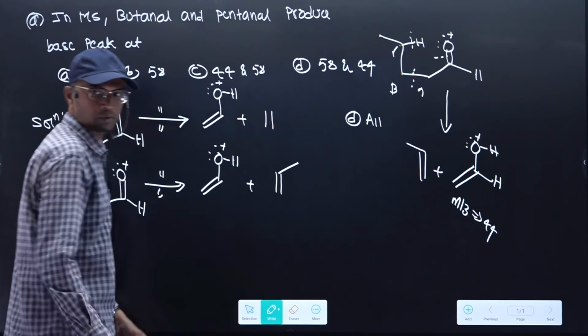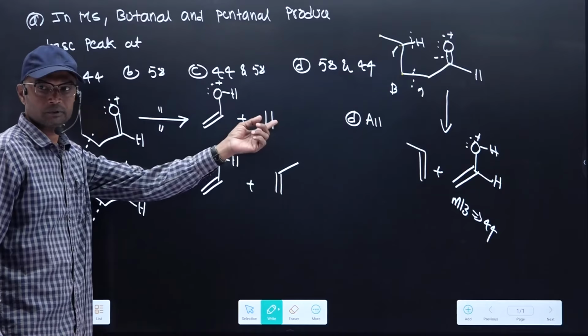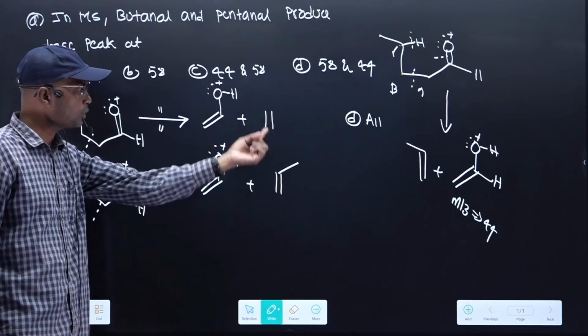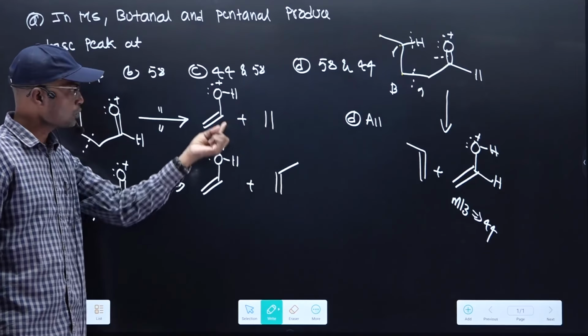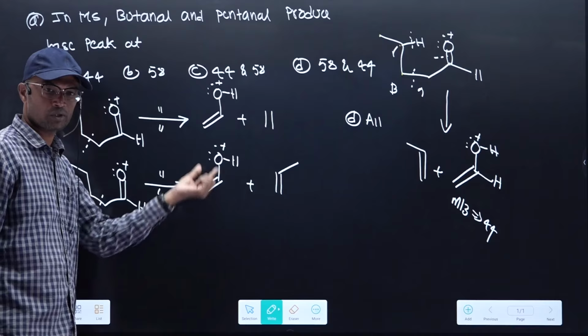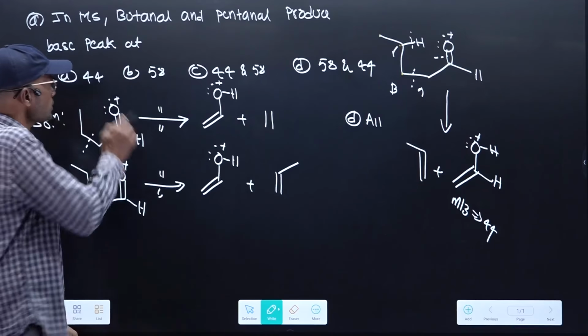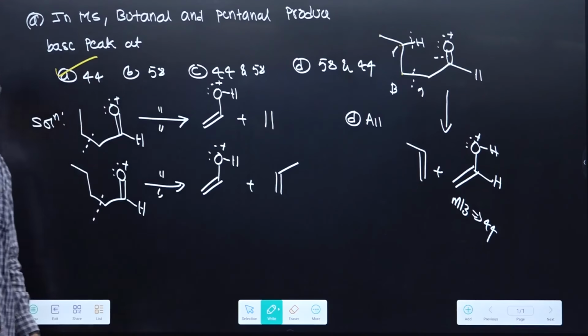That is the difference. But we don't want that here, because in mass spectrometry we are unable to identify neutral species. We are identifying only positive species. So if you consider these two, what is the m/z value for these two? 44. So the answer is this. Both will give a common base peak at 44. If you take this molecule, base peak is 44.